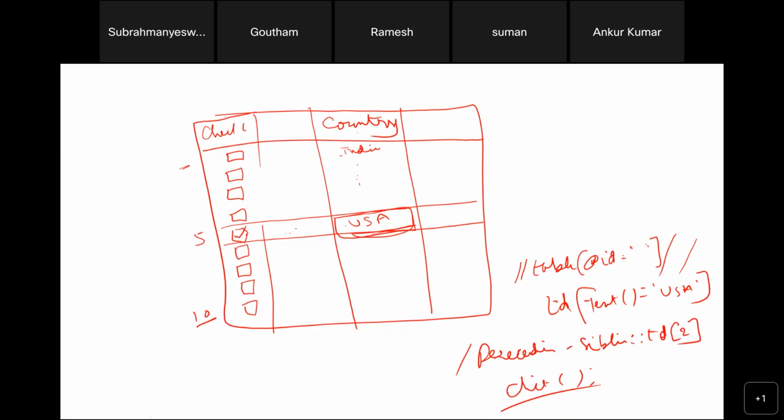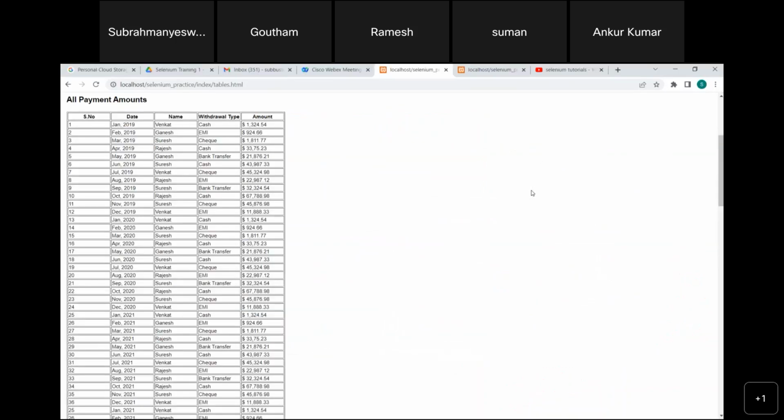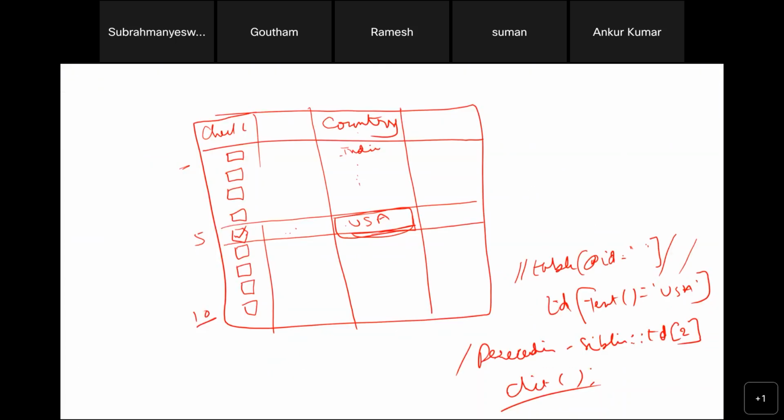Shivu, if the checkbox is also moving with respect to the USA, then will it also have the same solution? No, these are only checkboxes, right? So you'll have a checkbox corresponding to this country. Is there an example where that will also be dynamic?